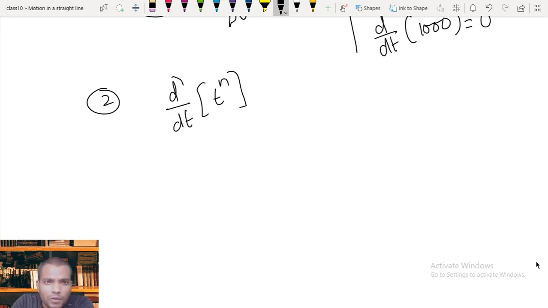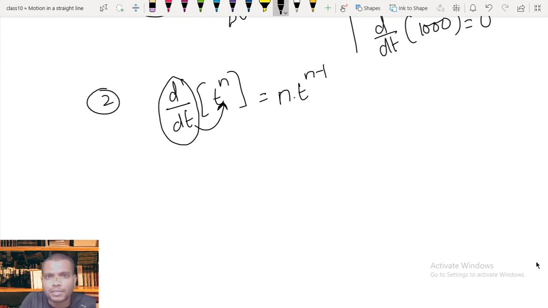Whenever we differentiate with respect to t, the variable should be present. So d by dt of t power n, the differential formula, goes to n into t power n minus 1.